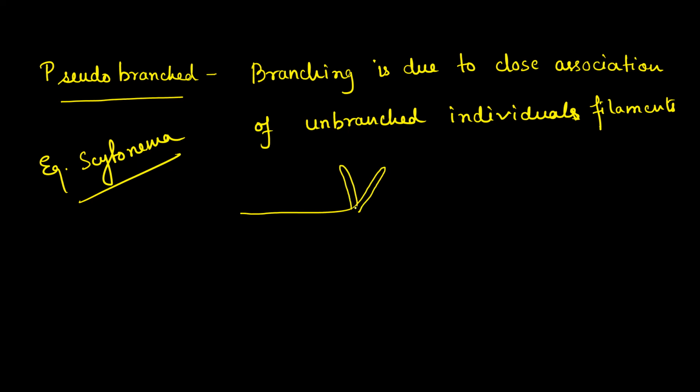It is so closely associated with one another, as if this has got branched. So under microscope, it appears like branched ones, but this branching is not true branching. That is why it is called pseudobranching. Then what do we have? We have heterotrichous form.